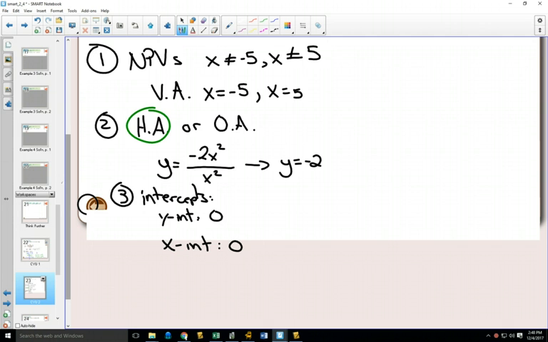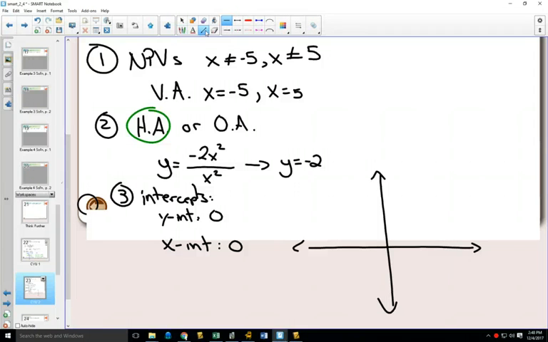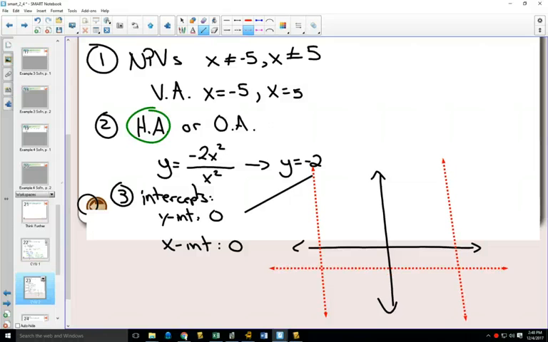Now, when you go to graph it, start by adding all of your asymptotes. So in this case, we have one. That is not a dotted line. There we go. One at -5, one at 5, and one at y equals -2.